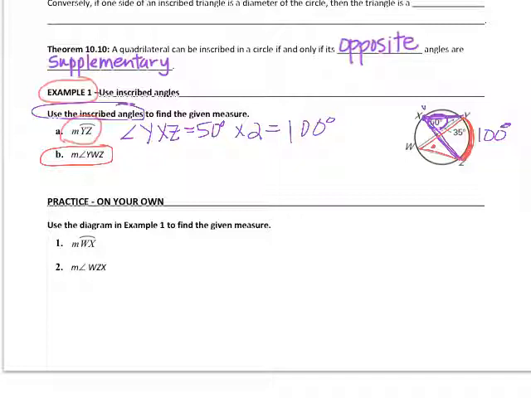If that arc is 100 degrees, then we would have to divide by 2 to find the measure of the inscribed angle. So the angle is 50 degrees, the same thing as it was for angle YXZ. If it shares the arc out here, then that means the angle is going to be the same measure.